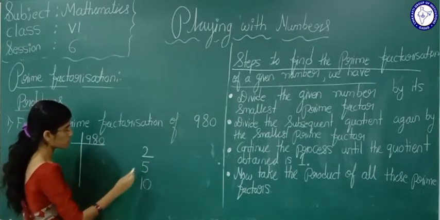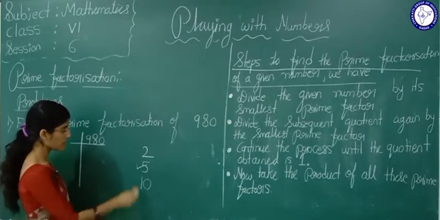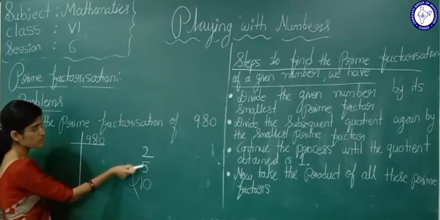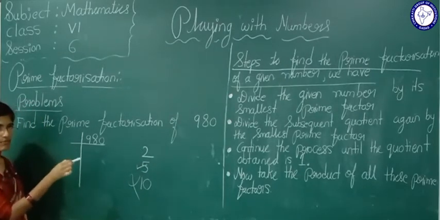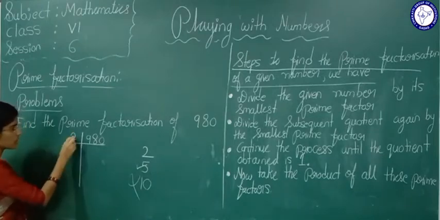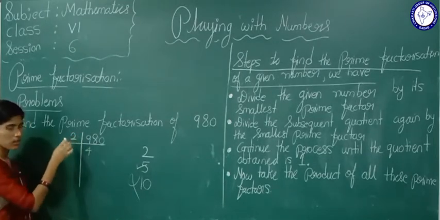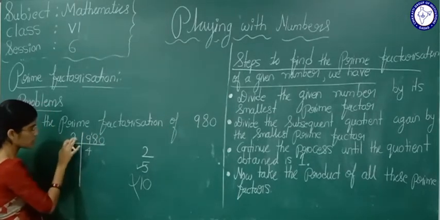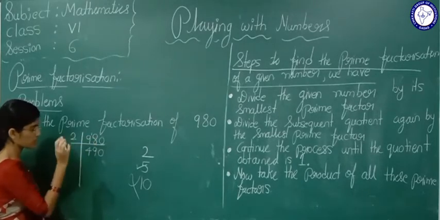Now note students, 5 is a prime factor, but 10 is not a prime factor. Which is the smallest prime factor? It is 2. We have to divide by the smallest prime factor. 2 4s are 8. 1 remains, we will keep it here. 2 9s are 18. We have to keep here 0.